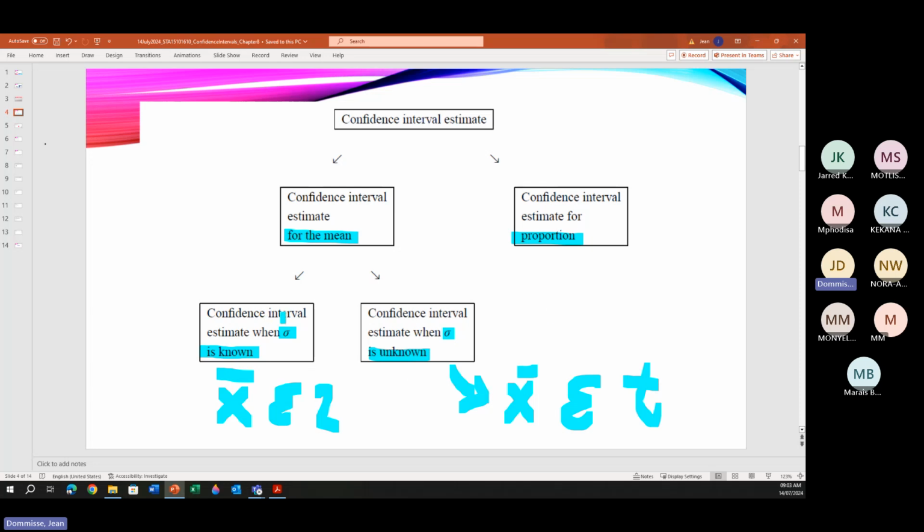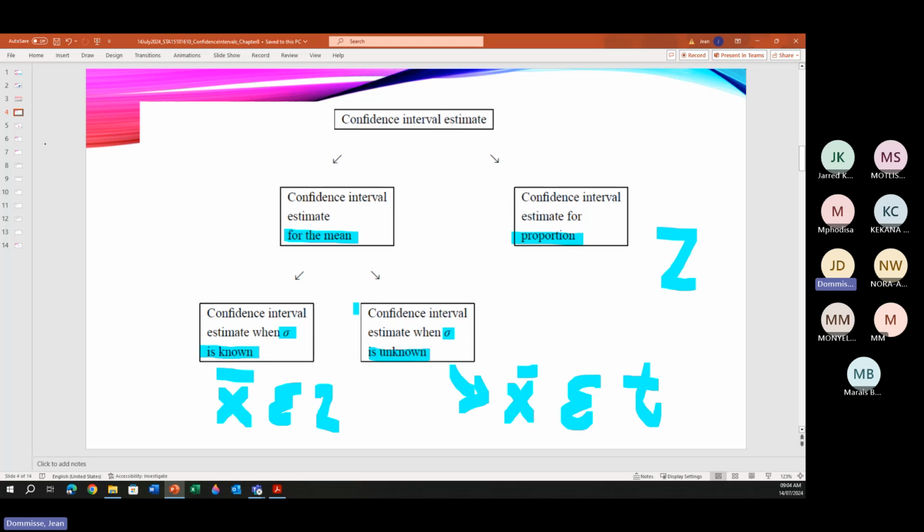Okay, so that's a big difference compared to chapter 7. In chapter 7, we only looked at the mean and the proportion, where at the top level we use Z's for both.